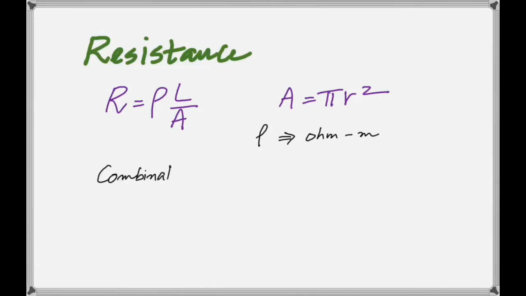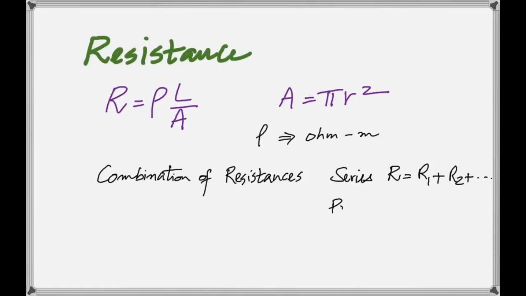And when you combine resistances, you know that the formula is exactly the opposite of that for capacitors. So when you combine them in series, you just add, but in parallel, it's 1 over R is equal to 1 over R1 plus 1 over R2 plus, and so on.